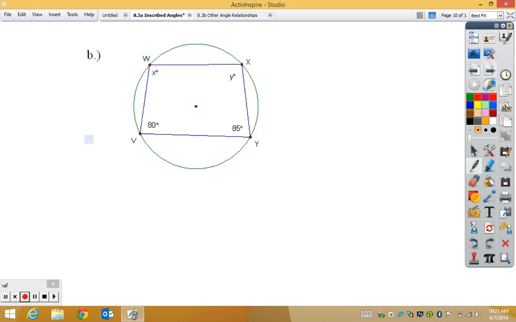So if we look at this example, we want to find the values of x and y, and we know that opposite angles have to be supplementary. So the value of angle x, which is y degrees, y equals 180 minus 80.